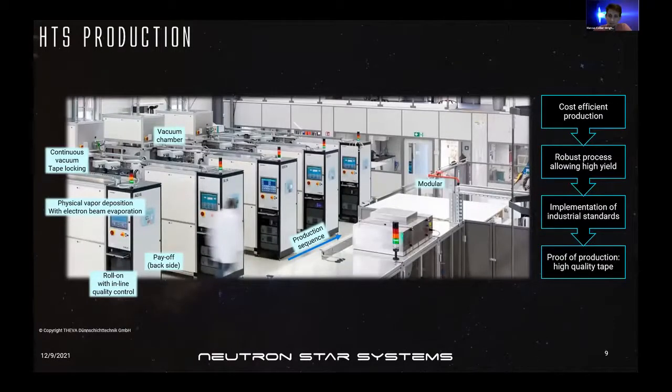As I mentioned, they've achieved economies of scale. This is thanks to a very modular production process, which takes advantage of very scalable manufacturing processes. And as a result, we've been able to achieve very high yields, high quality standards, and the economies of scale allowing us to produce these at relatively low costs.